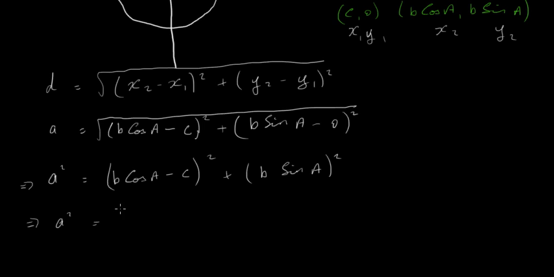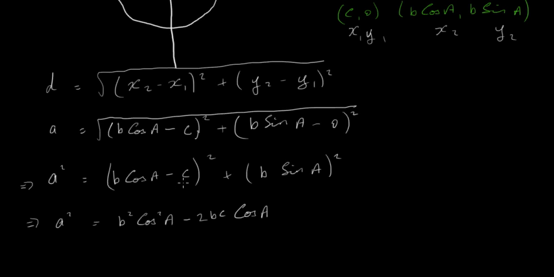But what you'll end up with when you square this out is b squared cos squared a. That's this part here squared. You must square the b and square the cos a. Now we've got to multiply c by b cos a, and you'll end up doing that twice. So it's minus twice bc cos a.